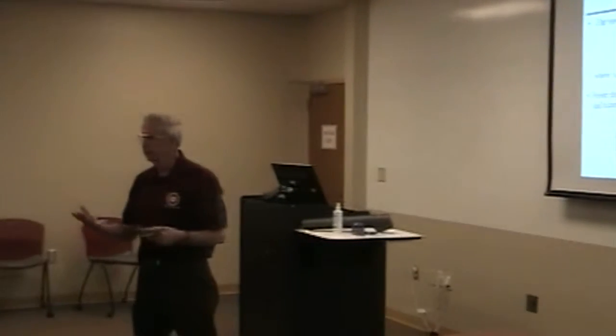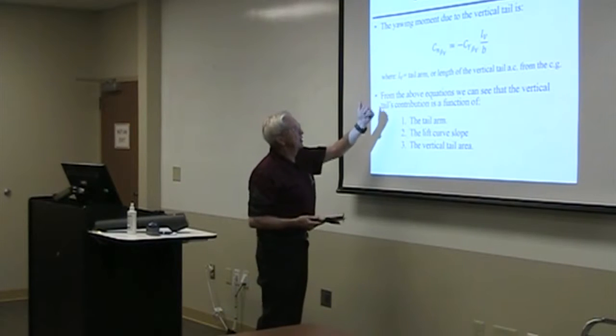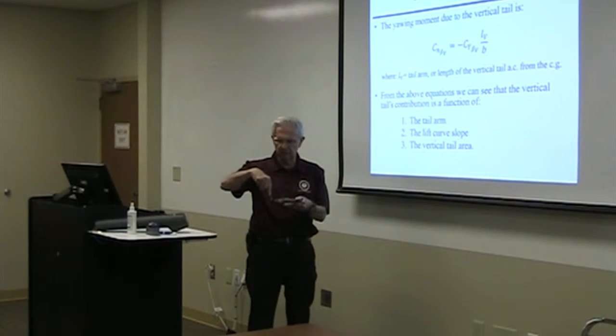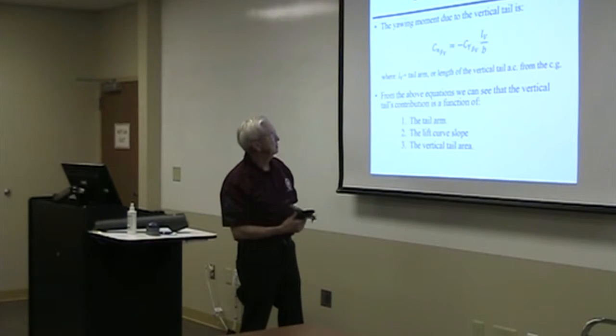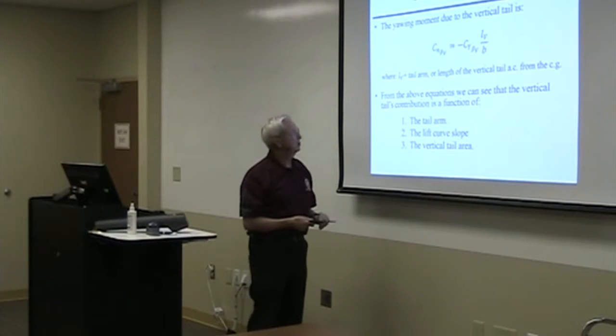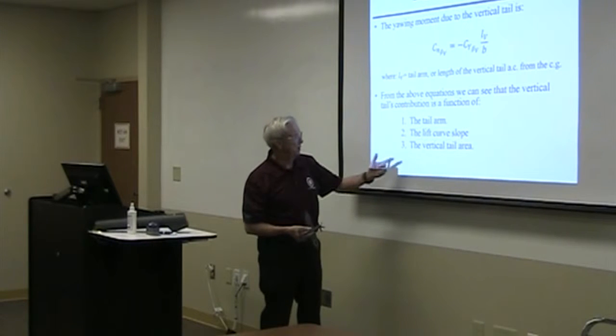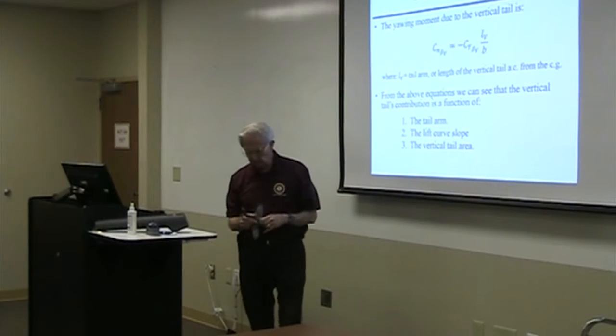Remember, in longitudinal we used the mean aerodynamic chord, right? Here we use the wing span. And of course, the length is the distance of the vertical tail back from the CG. And from that equation, the tail's contribution is a function of the tail arm, the lift curve slope of the vertical tail, and the vertical tail area.